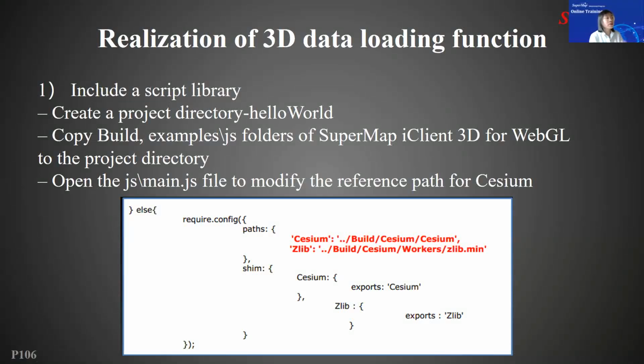Then just claim the main.js in your project. So you have to copy the build and the JS folders under the examples folder to your project folder. Then just claim the main.js. And if you want to modify the path of Cesium, then you have to modify it in main.js.